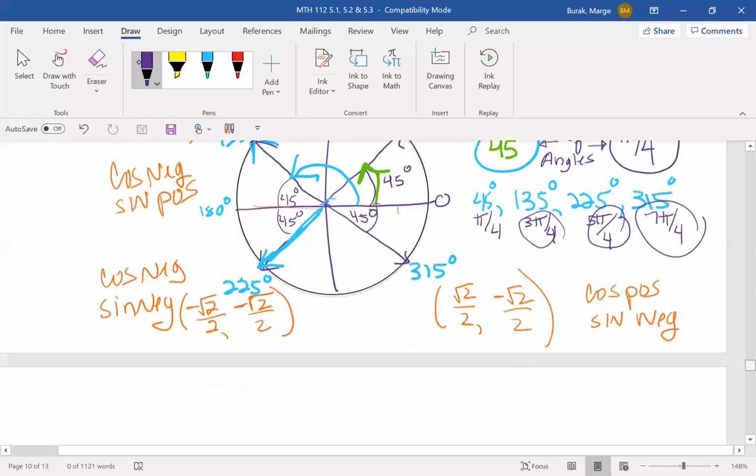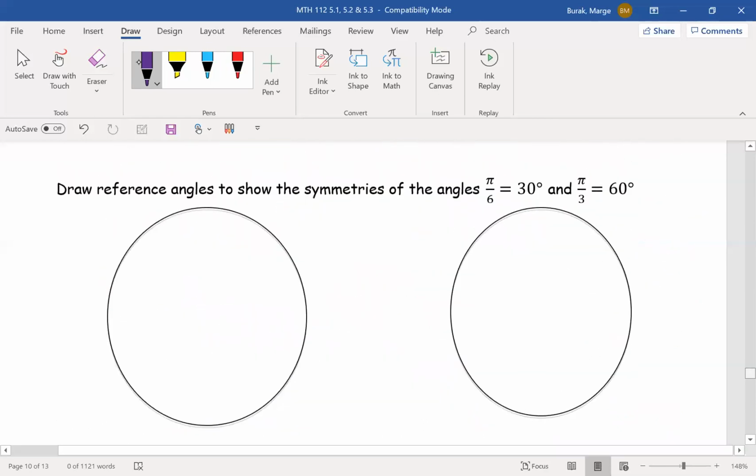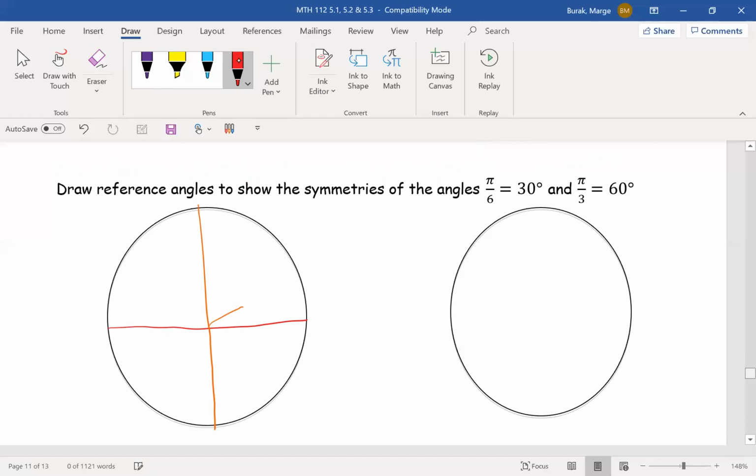Okay, so let's look at pi over 6 and pi over 3. So pi over 6 will be right here, and this is pi over 6, which is also 30 degrees. And then we're going to have this angle and this angle and this angle, since the reference angles right in here are going to be 30 degrees in every one of these, but we want the big angles that get us there.